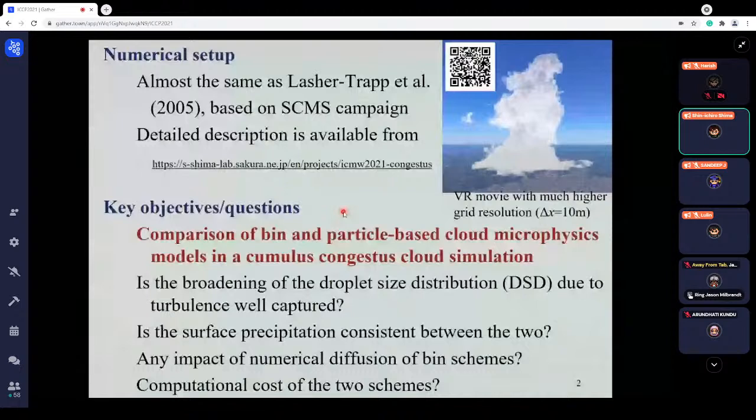And the questions are: is the broadening of droplet size distribution due to turbulence well captured by these schemes, is the surface precipitation consistent between the two schemes, and what is the impact of numerical diffusion of bin schemes, and the computational costs of the two types of schemes.